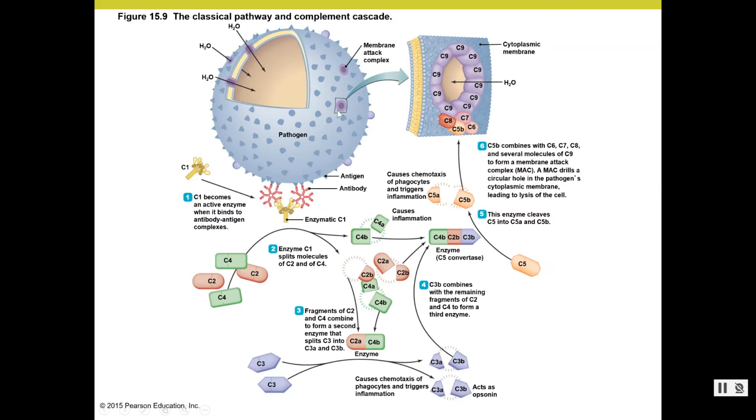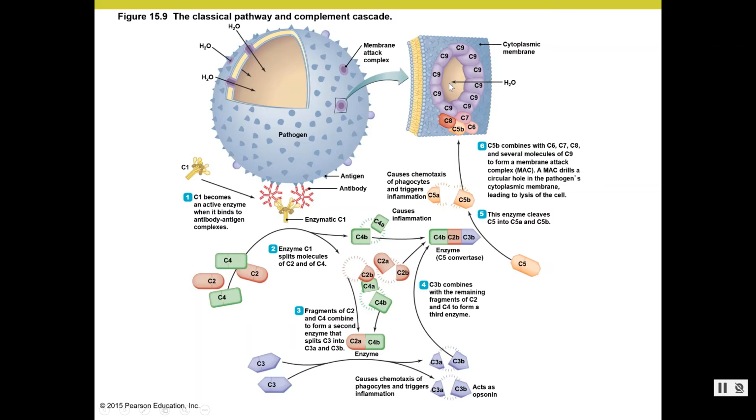That's right, poking holes in the cell membrane means water rushes in and that pathogen is going to lyse. This series of complement proteins in this pattern is called a membrane attack complex, MAC. And so another outcome of the complement cascade is lysis. And that is because of these proteins binding and creating these holes.